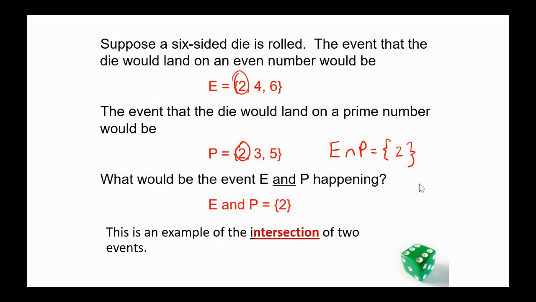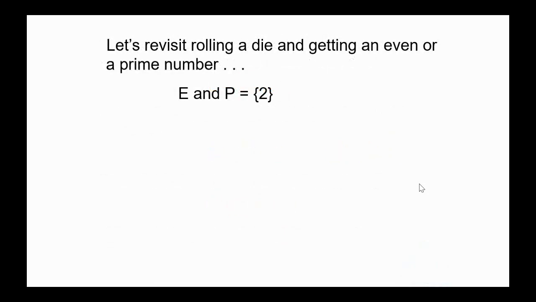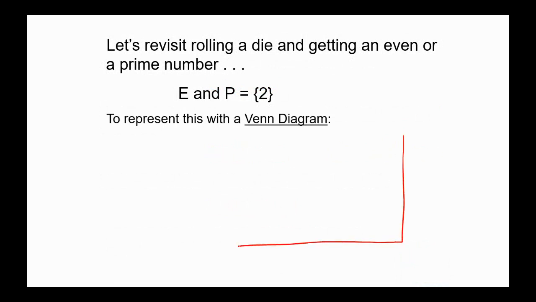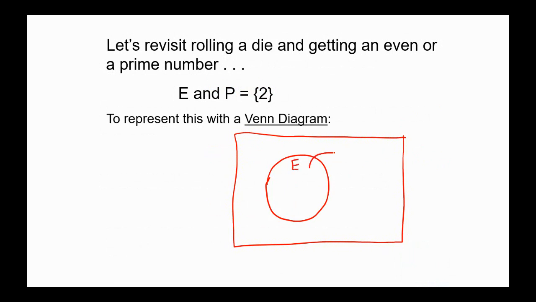Now, we can also draw this intersection as a Venn diagram. So, if we did the Venn diagram, it would look similar. Let's draw the Venn diagram just like we did for the union. We've got our E here.